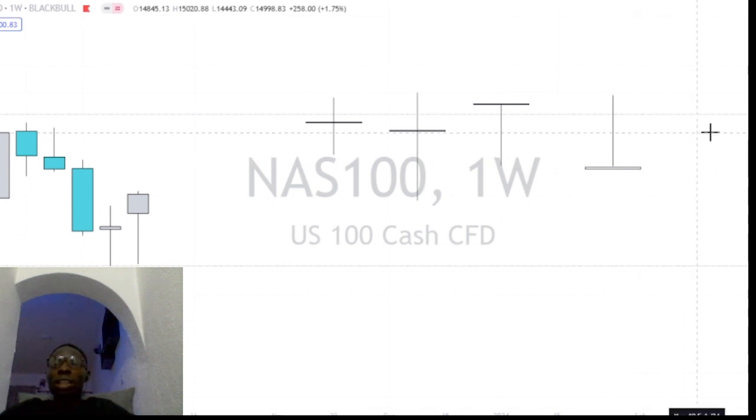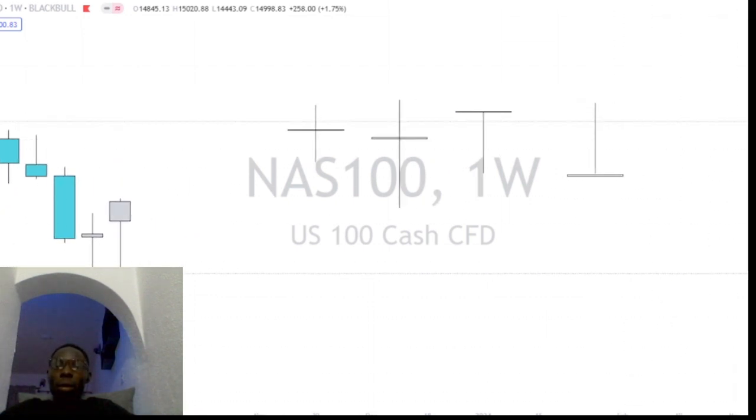This tells us that doji means indecision. These are the five types of doji that we have. Let me label them.